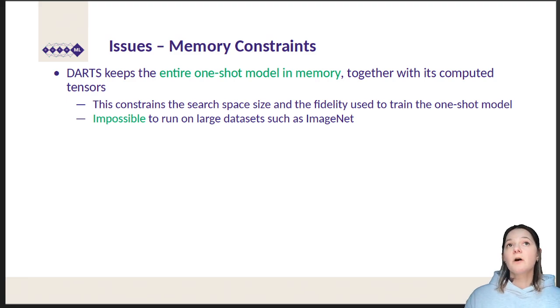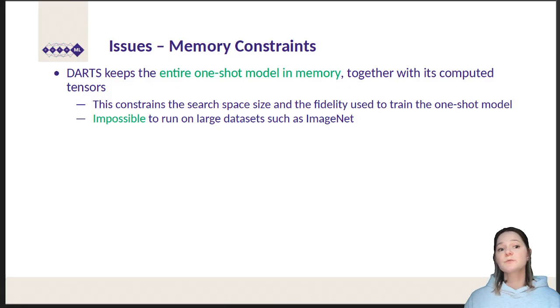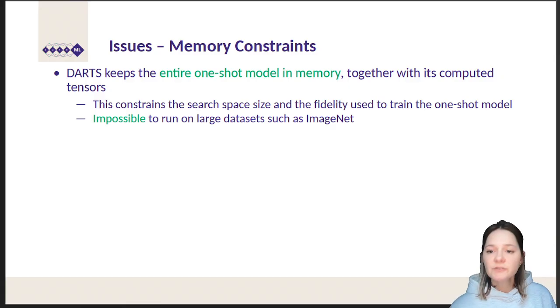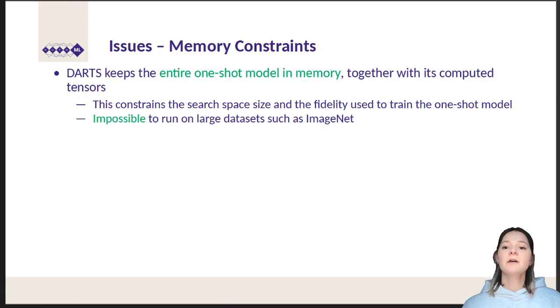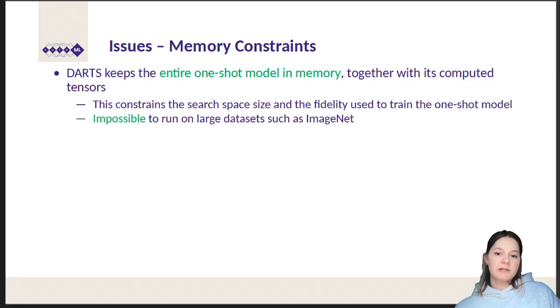For example, on CIFAR-10, the DARTS paper searches for 8 cells, and the retrained version then contains 20 cells, since the memory required to train a supernet is much higher than training a normal network. So if you have a neural network which fits in memory and can be trained on ImageNet, using that as a supernet is impossible.